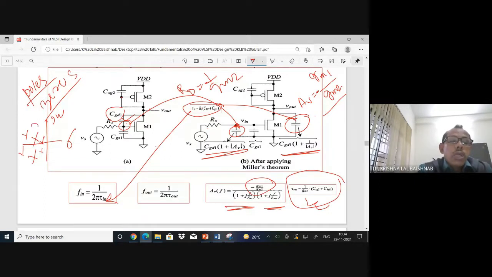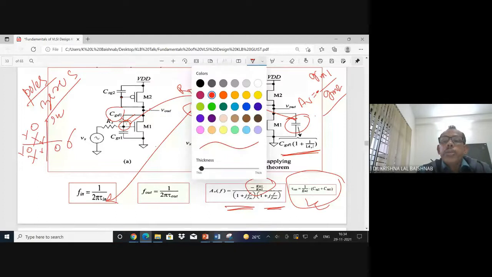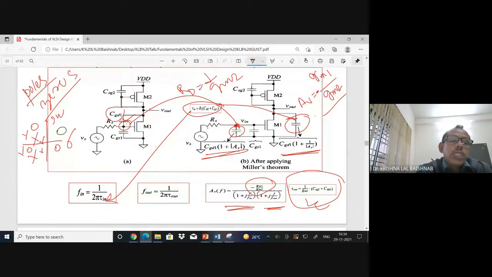But a zero may be here, may be here, may be here also, and it is accepted. Zeros anywhere are accepted. The zeros on the right side are called RHP zeros, and the zeros on the left side are called LHP zeros. Please note this.